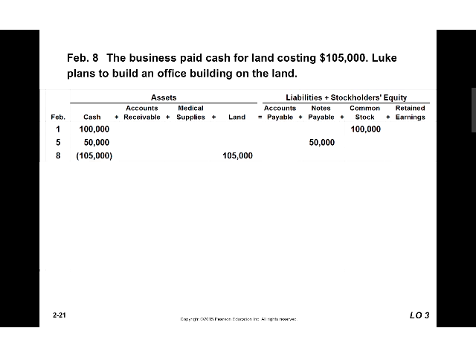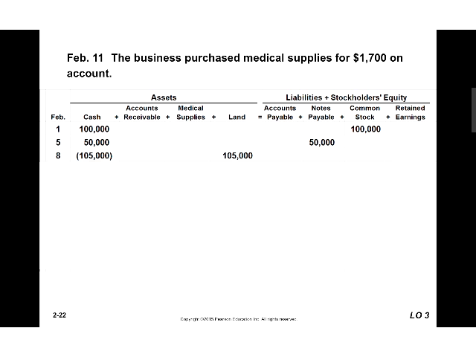Next up, the next transaction we have is the business purchased medical supplies for $1,700 on account. We'll say more about this in a future class, but when you see the words on account, those two words have very specific meaning. On account means that it's one of two accounts affected.